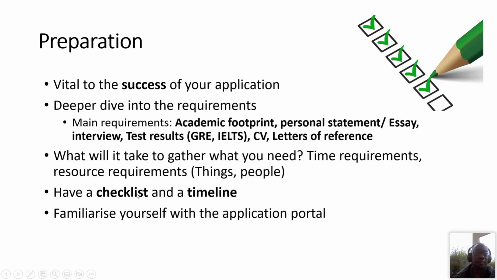And then having a checklist and timeline. So you need to have a checklist and you need to have a timeline that you are always referring to in order to be on time and in check with everything that you need. Then you need to familiarize yourself with the application portal, and that one you can get a lot in the scholarship information pages, which you also need to read in depth.